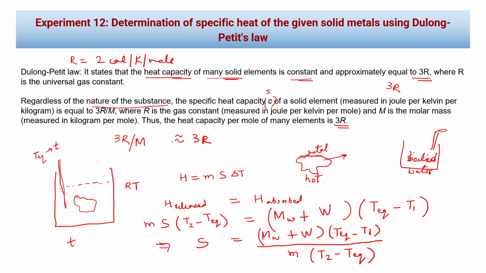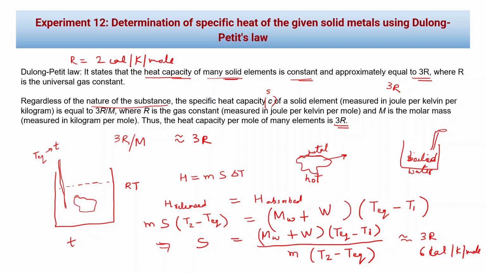So the specific heat capacity should come out to be almost 3R, which means 6 calorie per Kelvin per mole. After the experiment, this should be the value we get.